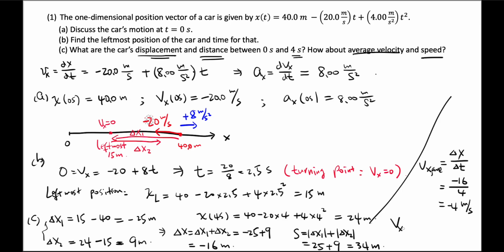Now the average speed, so let me call that Vs average. Okay, so now it's delta s.